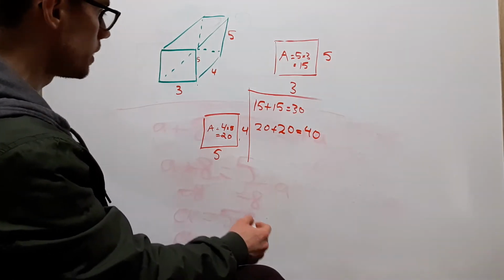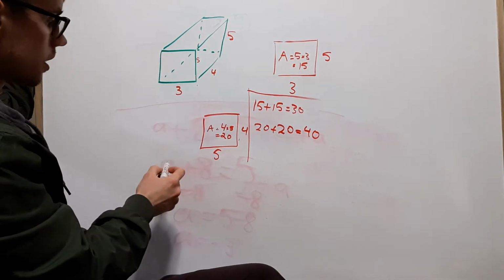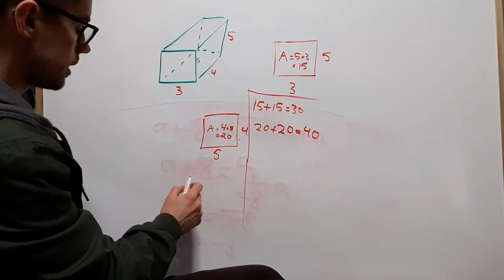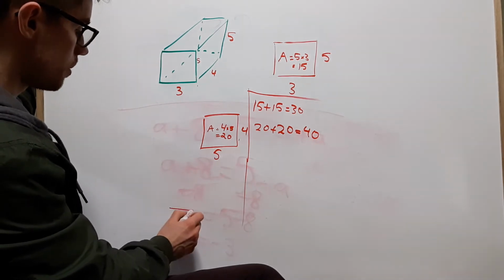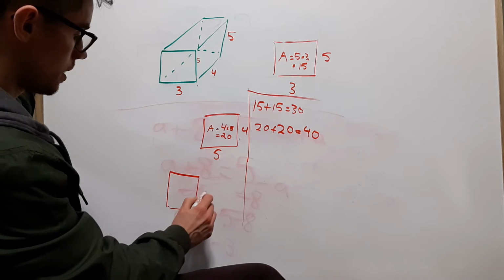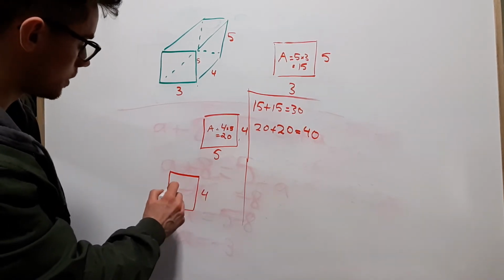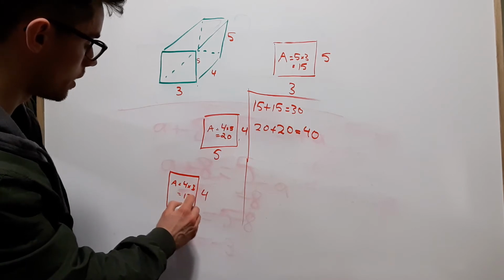And then the last one, which is going to be the bottom and the top, are going to be rectangles that look like 3 by 4. So I'll have 3 by 4 like this. And then the area of this is going to be 4 times 3, in other words 12.